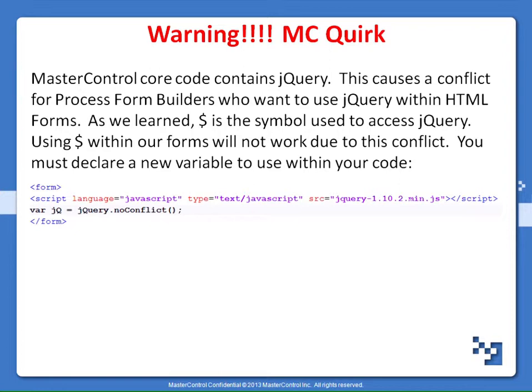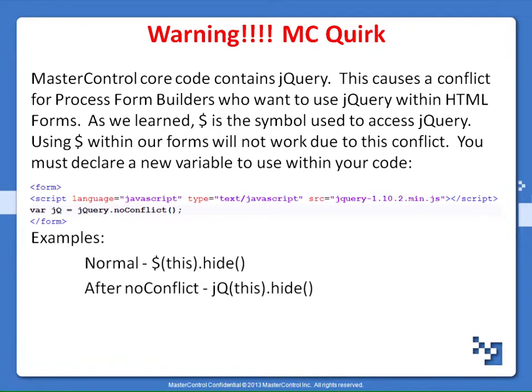So now what happens is every time you would normally use a $ sign, you're now going to replace that with JQ. Okay? Now, you might think to yourself, well, maybe I'll just use another symbol. I would advise against that, because things like pound signs and other symbols are used a lot inside of code.